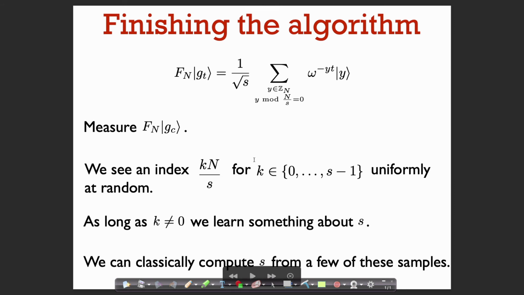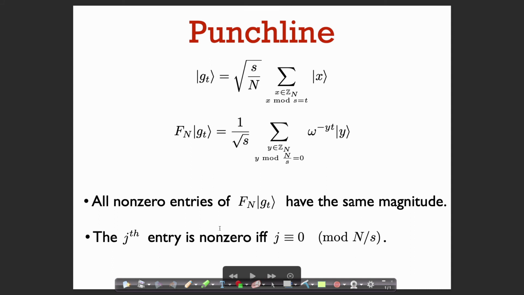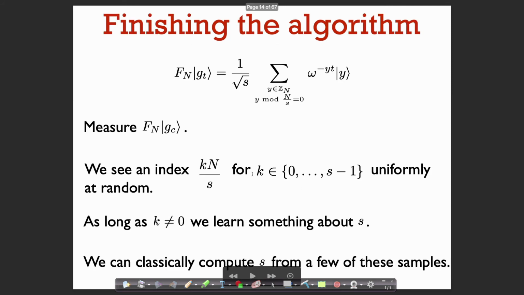We must see an index of this form because of the second property, and because of the first property, all entries of this form have the same magnitude, so we see one of them uniformly at random.